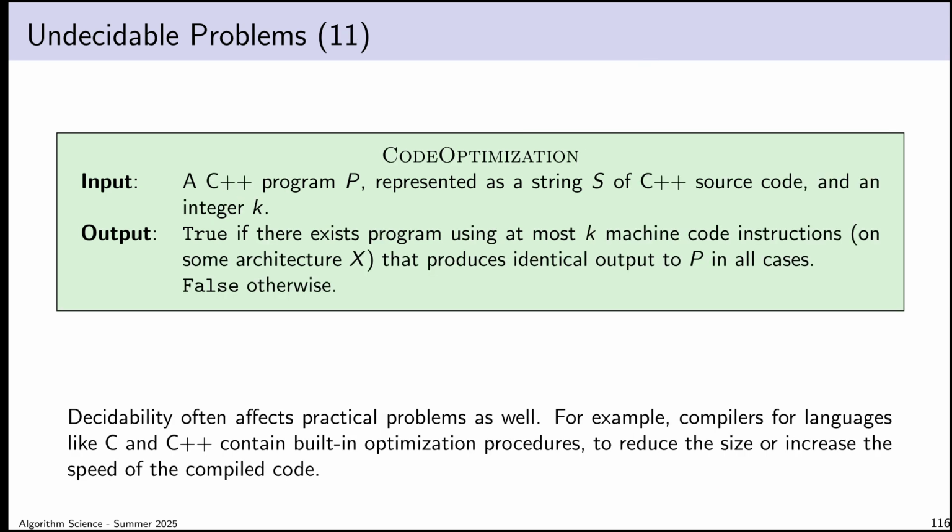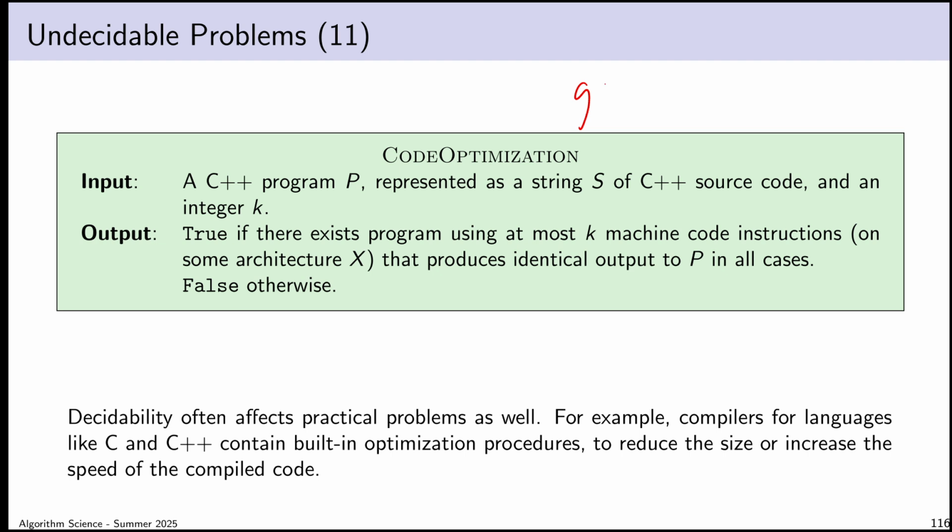So let's consider code optimization. The best way of talking about this is with a language like C or C++. A C or C++ compiler will typically contain optimization logic to ensure that the machine code it generates is as fast as possible, or requires as few instructions as possible. The idea is we want to optimize the code you wrote in C into the most efficient or compact machine code representation.